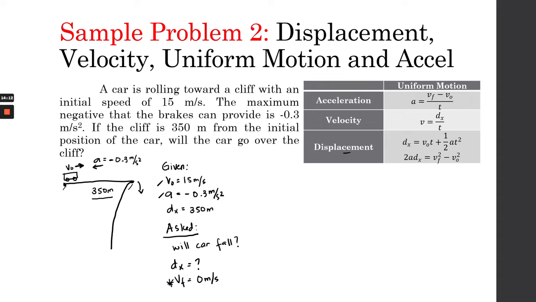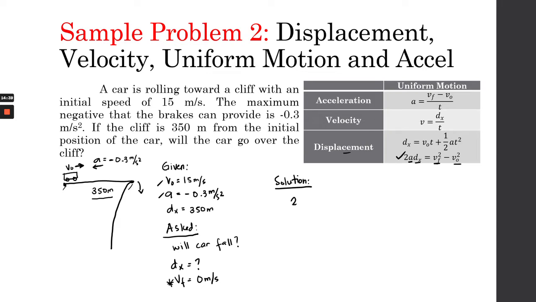Meaning the final velocity should be 0. Looking at the equations, the only equation that we can use is this one because it has the dx, it has the acceleration. Moreover, it has the final velocity, which we want to be 0, and we have the initial velocity. So let's head on to the solution.